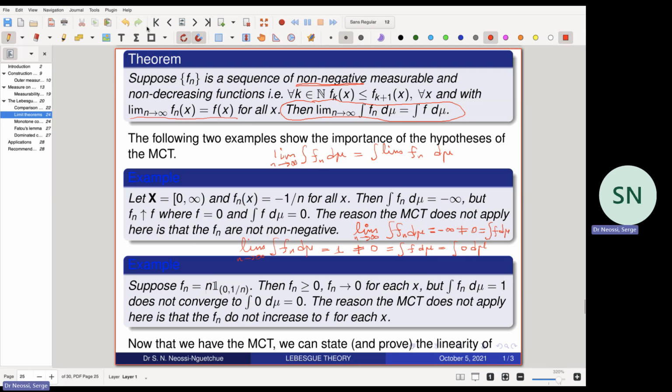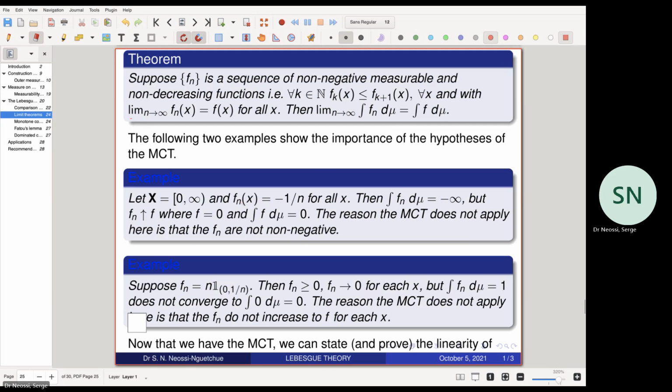So I hope that with these two examples, each time you apply the monotone convergence theorem, you make sure that all the hypotheses of the theorem are satisfied before you claim the result.